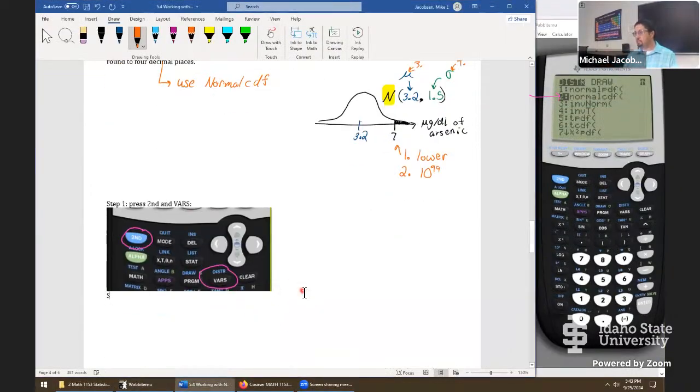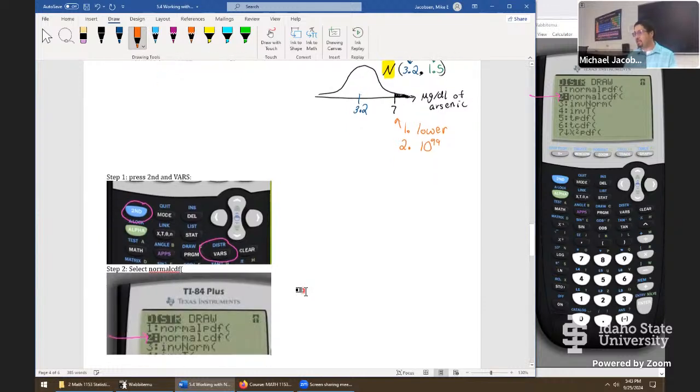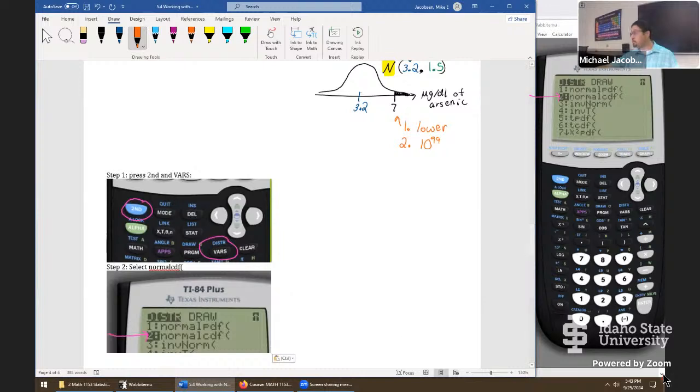Step 2, let's say, select normal. Let's make it the same the way it's presented in the calculator. Normal CDF written that way. So you'd be selecting that option and pressing enter. There we go. Let's put there here and press enter.